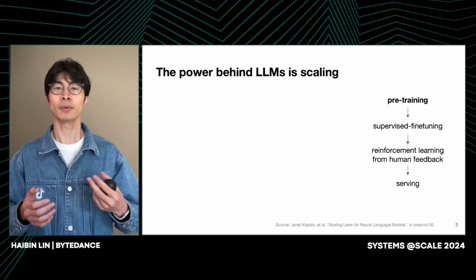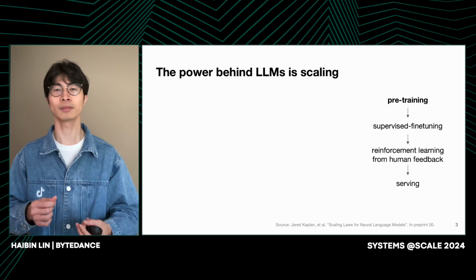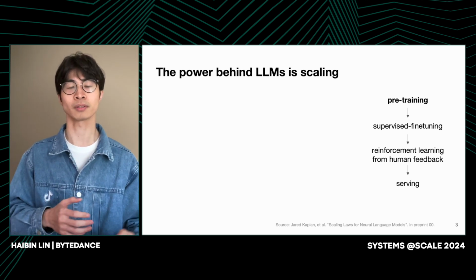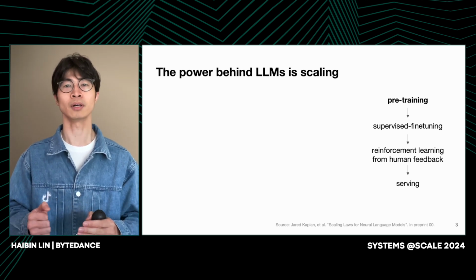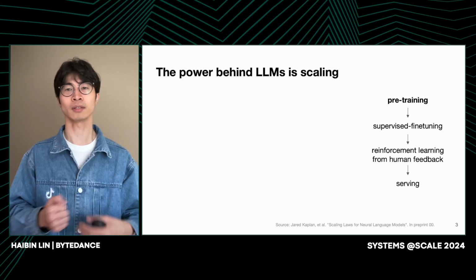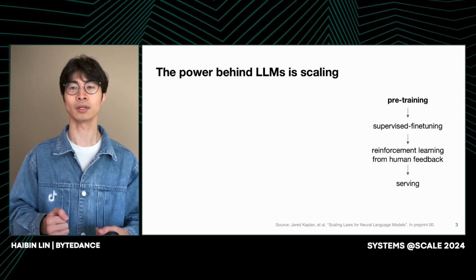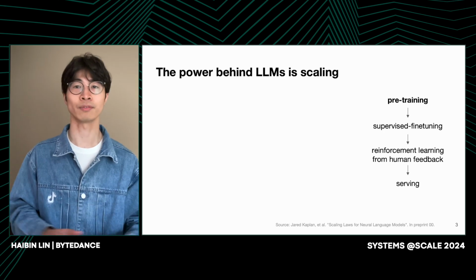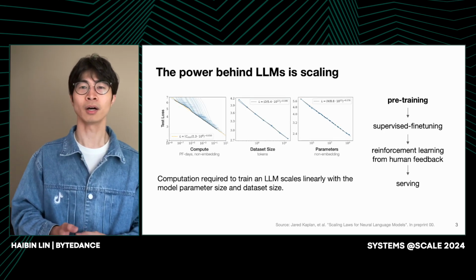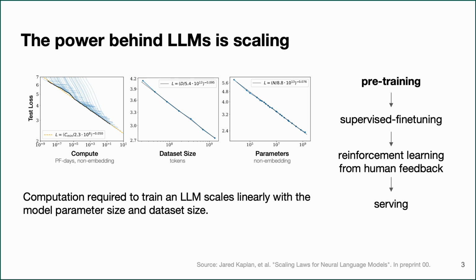The most time consuming and most uncertain part is the pre-training part, because each run would consume a lot of resources and it takes very long. Each run could take a few months actually. If you want to calculate the computation resources required for this step, it basically scales linearly with the dataset size and the parameter size. But for language models, it's very important that you get really large datasets. The larger you have, the better the quality you get.